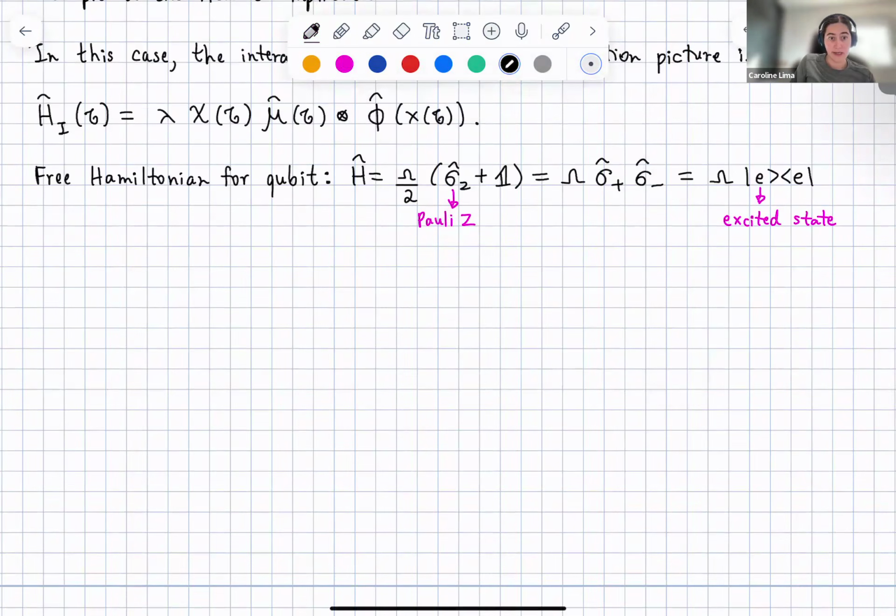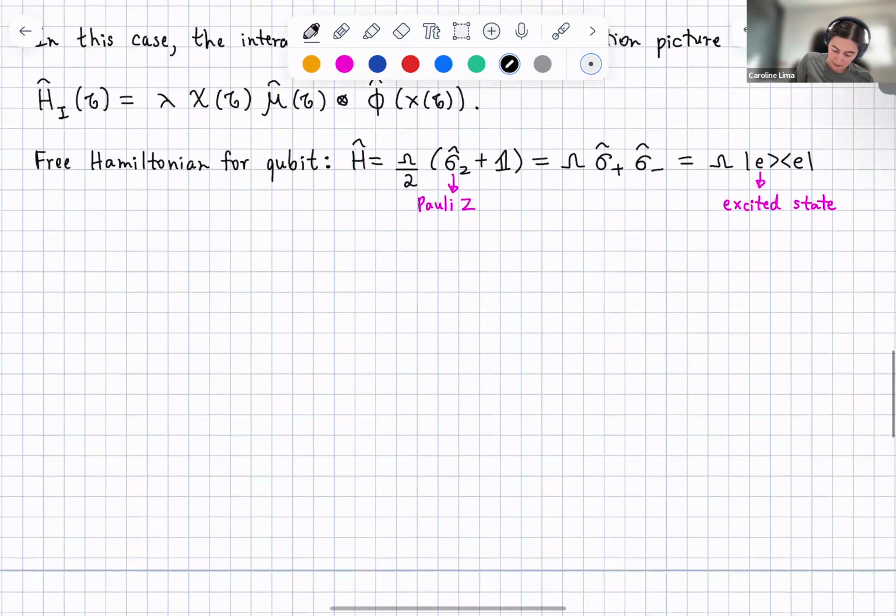Now I also need to prescribe some monopole operator, right? Physically, what makes sense is to select some operator of my qubit that does not commute with the free Hamiltonian.